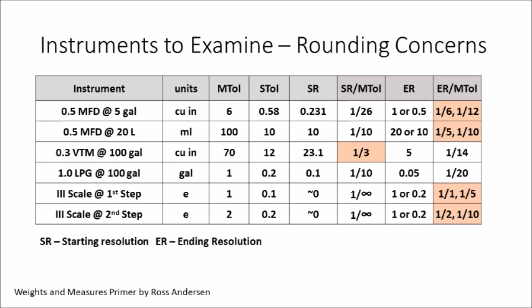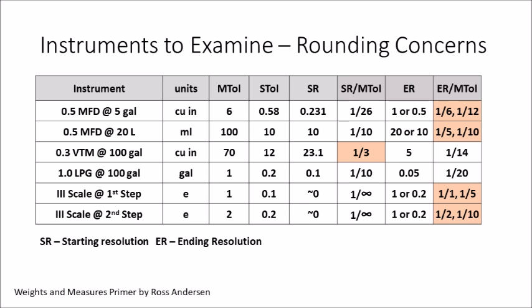For comparison purposes, I've added two more columns, comparing the starting resolution to the maintenance tolerance and the ending resolution to the maintenance tolerance. My purpose here is to highlight those cases where the rounding may be an issue. So on the start resolution, we see the VTM is an issue because the rounding is to 1/3 of the maintenance tolerance.